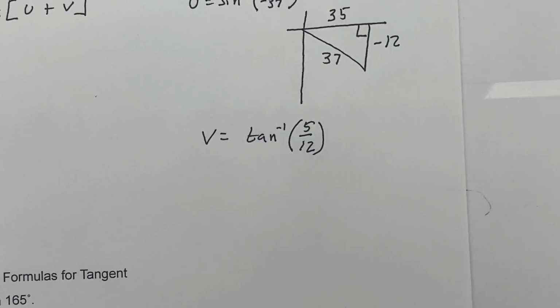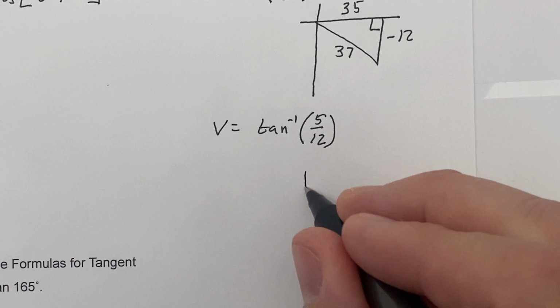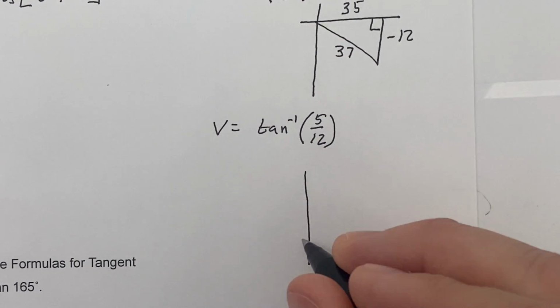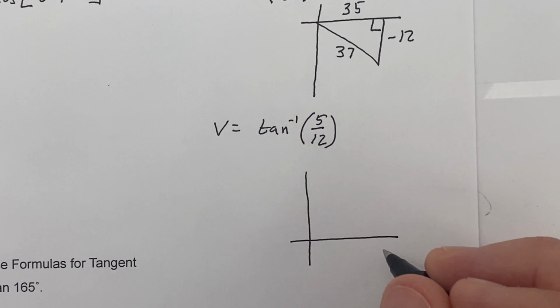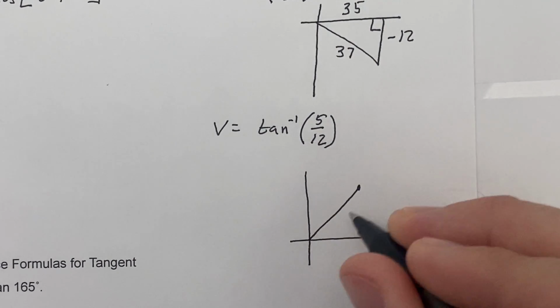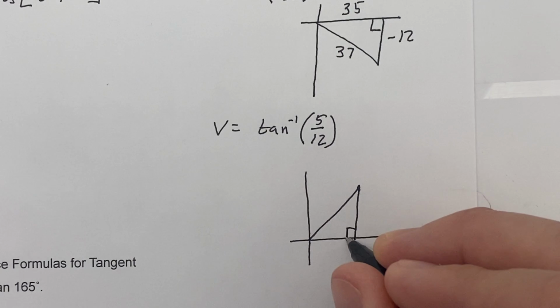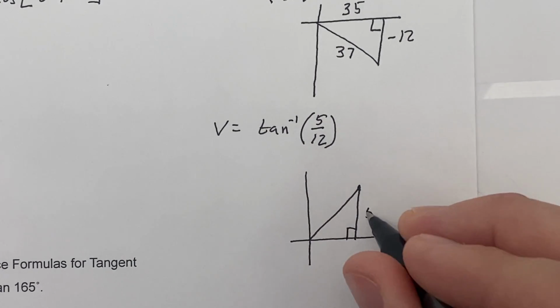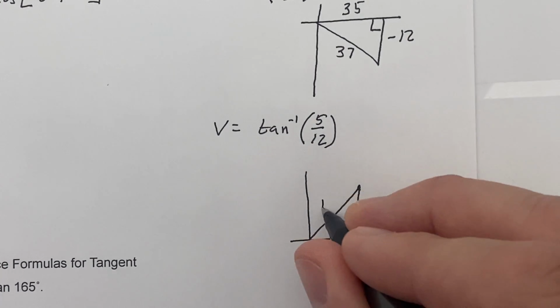Tangent again is over on the right side of the unit circle. Both of them are positive, therefore it has to be up in quadrant 1. Again, it's not going to be to scale, but there's my 5, there's my 12, there's my 13.